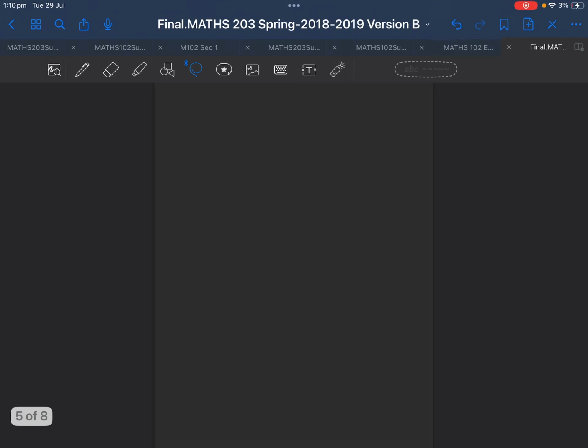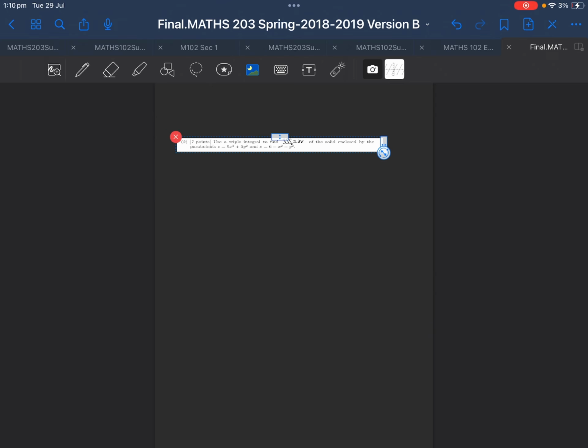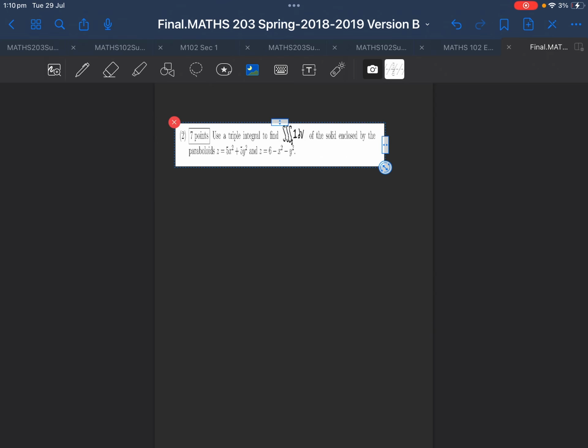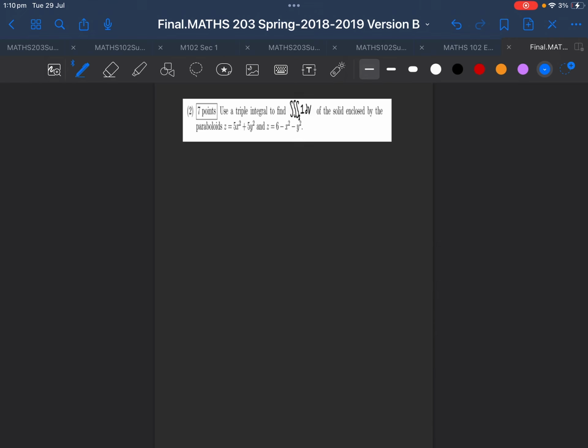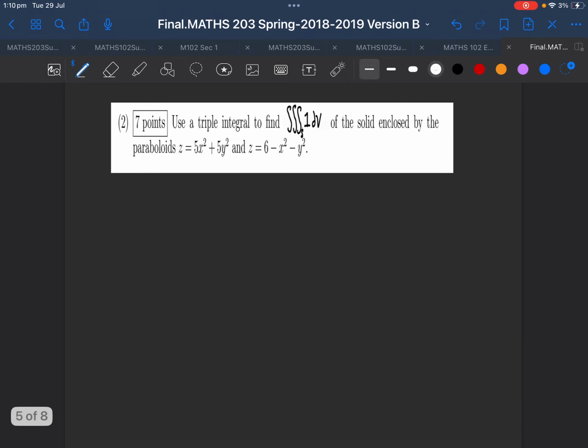And let me do it in a new page. So the question is, use the triple integral to find the volume of the solid enclosed by two paraboloids. Now we have to sketch the two paraboloids.